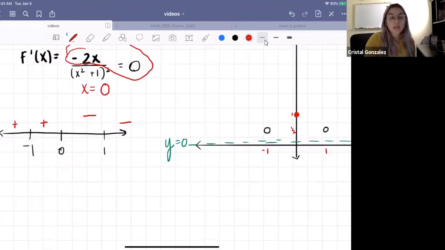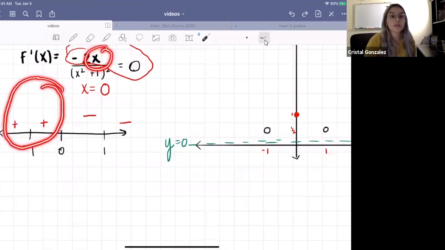Remember, it's kind of easy to tell because over here we're negative on the number line, and the denominator again is only going to be positive, and the numerator is what's going to cause our sign to change. We have a -2x, so whenever we plug in a negative value for x, this is going to cause this to be positive.